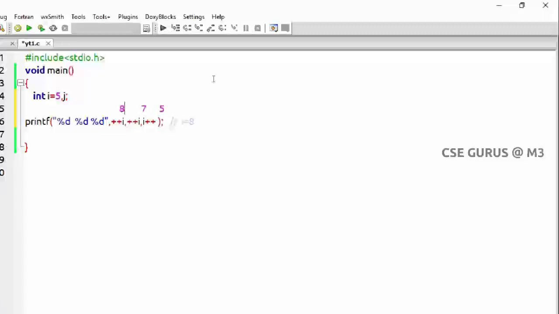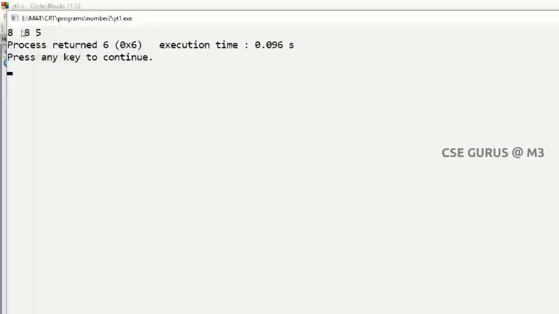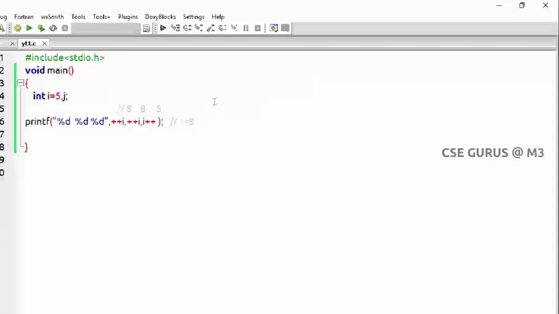Now the final i value is 8, so wherever you have ++i or i, it will be replaced with 8, right? The third one is i++, it won't be replaced. This output will be 885. We can see this one. Yeah, you can see 885. So this is how the replacement happens.